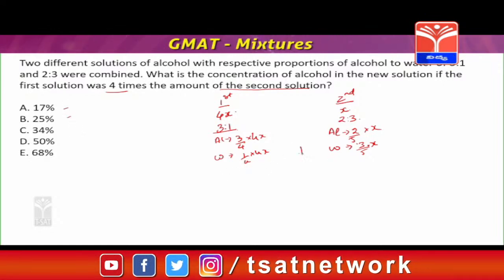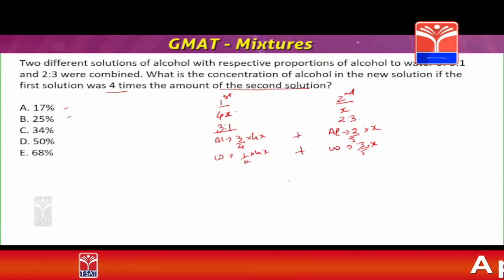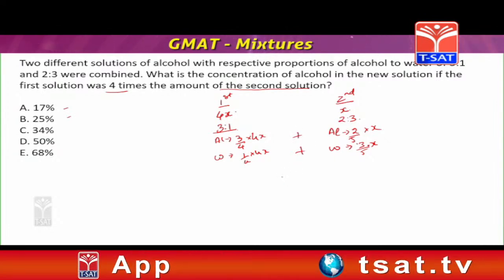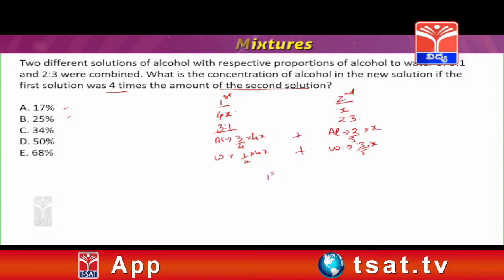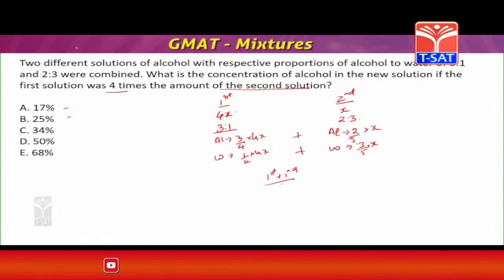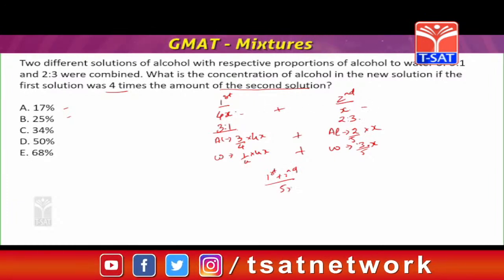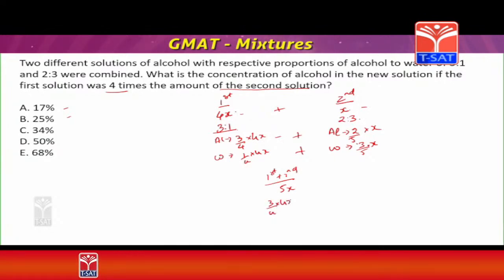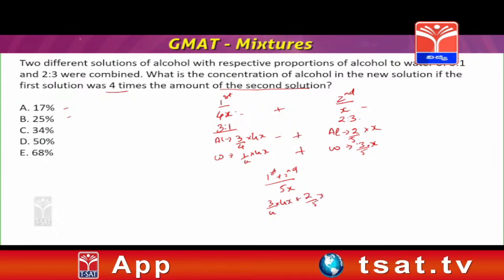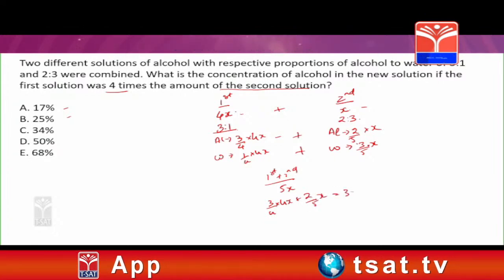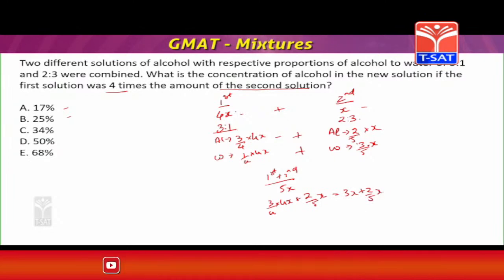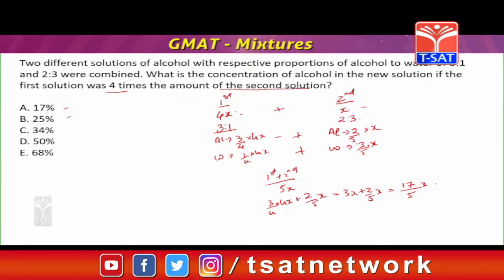So, if you are adding first solution plus second solution, the total volume will become first plus second. The total volume will come out to be 4x plus x, which is 5x, and the total alcohol will be 3/4 of 4x plus 2/5 of x, which is equals to 3x plus 2 by 5x, which is equals to 5 3s are 15 plus 2, that is 17x by 5. This is the alcohol content.